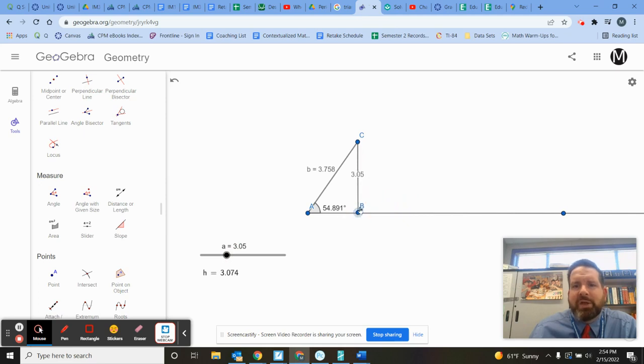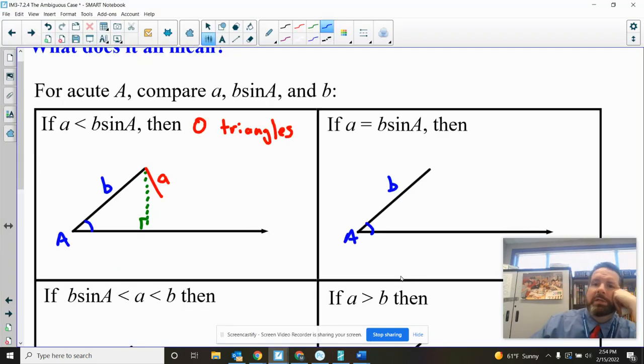It's just long enough to get down, close it off, and make a perfectly right triangle. So there's only one triangle that is possible, and it's that right triangle. So if A is exactly equal to B sine A, then what you have is this. You've got a right triangle, and there's only one possibility for that. It's got to look just like this.